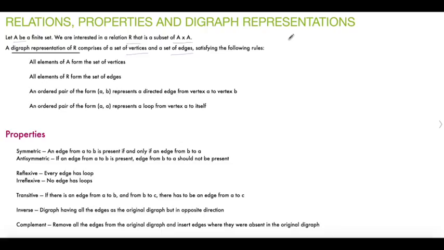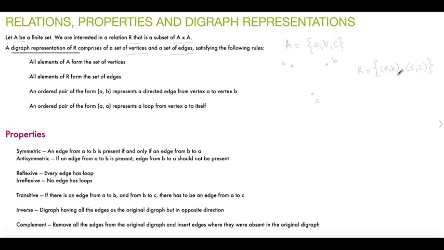So let's say for example we have A equal to {A, B, C}. So we have three vertices. This is A, this is B, this is C. Let's say our relation is {(A, B), (C, C)}.